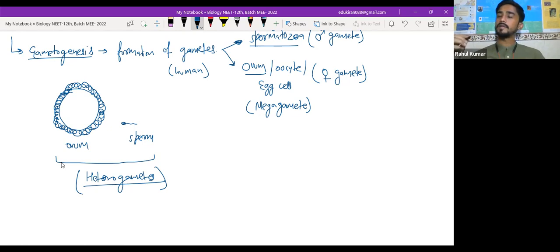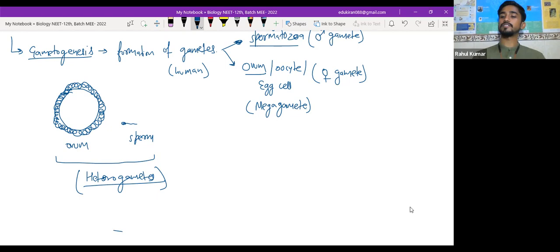And write down heterogametes are morphologically very different from each other. Heterogametes are morphologically very different from each other, unlike homogametes, which are non-distinguishable.